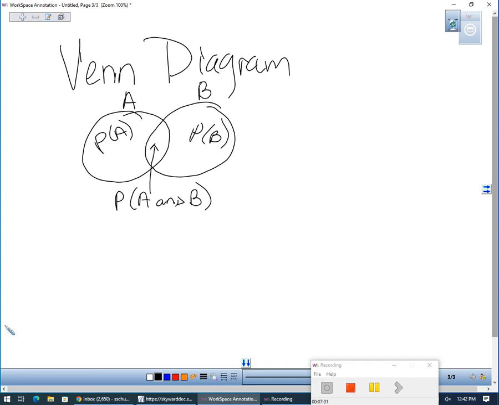Of course, outside was what we called the complement. They're the ones that we didn't want. They were the ones that weren't included anywhere. So they didn't fit. So out here is the probability of not happening. Okay?